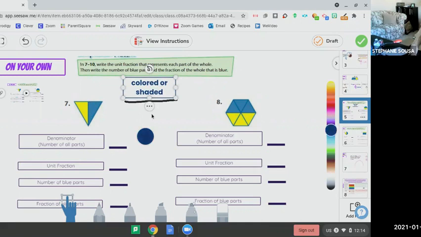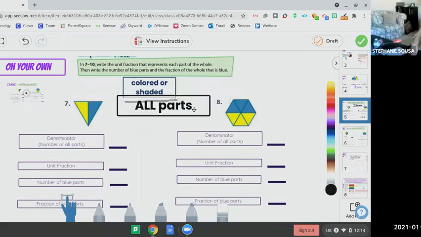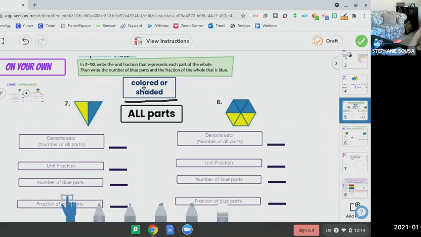So I'm going to make that blue. Below your fraction bar, I want you to put all parts. Okay, this is a good reminder to you of the difference between a numerator and a denominator. The top number is going to be the number that are shaded or colored. The bottom number is going to be all parts on the whole fraction, okay?